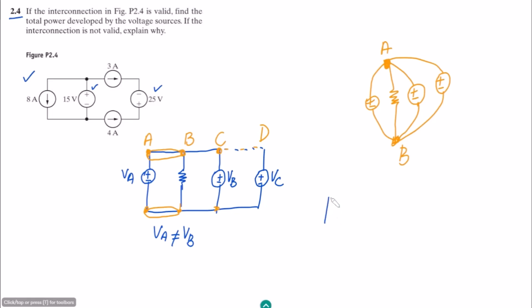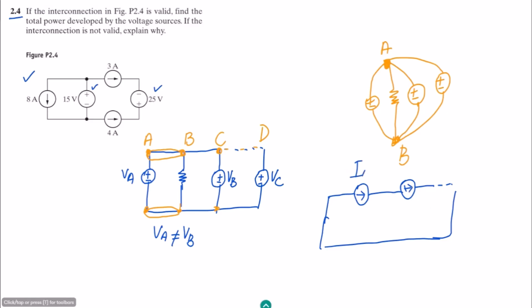Another case is if we have a series circuit and in this series circuit I have two or more current sources, and these current sources are not equal in value.